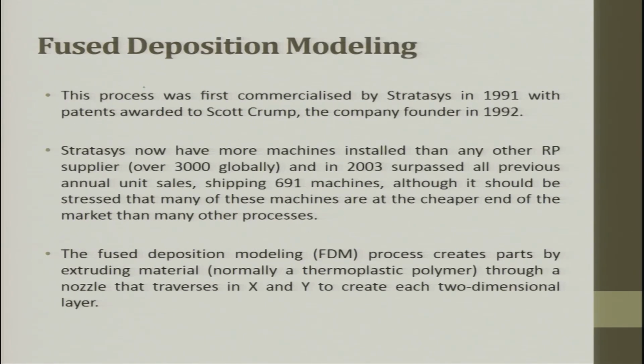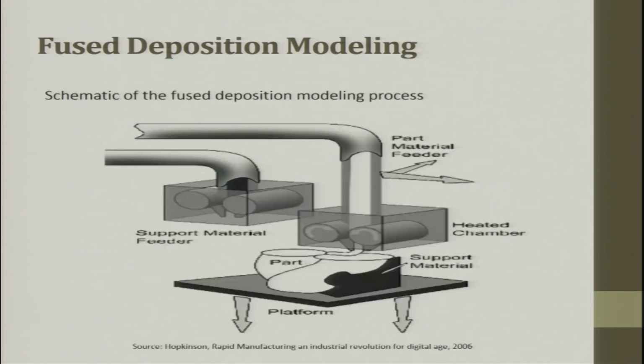The last process of discussion is going to be fused deposition modeling. So, this process almost overlaps with that of your extrusion based process. So, here we need to have a supporting material. So, the supporting material is separately fed, the building material is separately fed. The tension in the extrusion process is maintained by these two spools or two rollers.